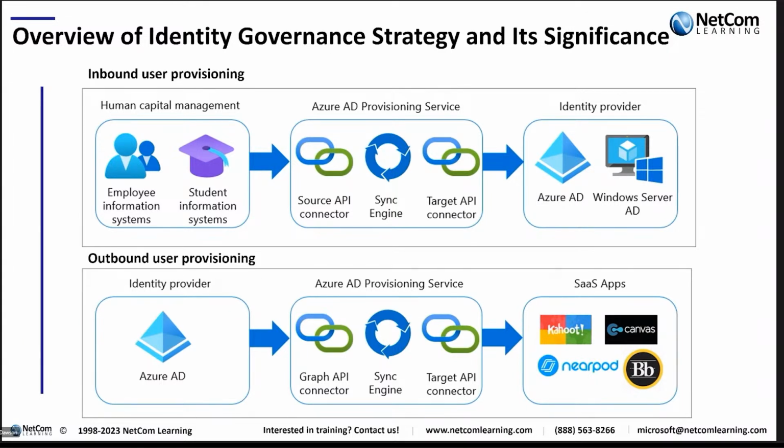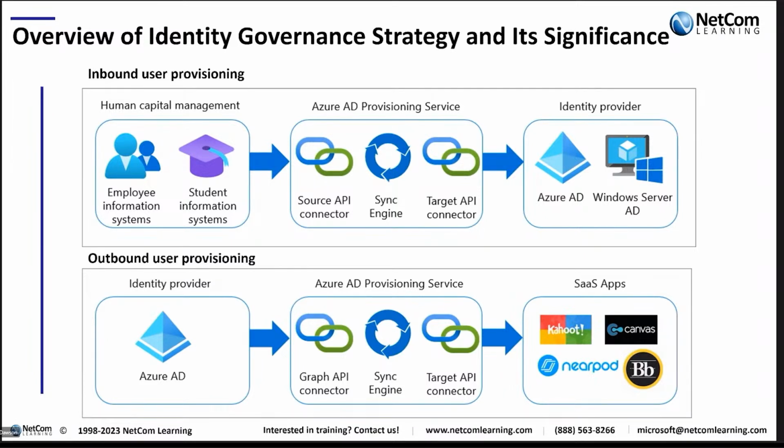The next one is outbound user provisioning. So what happens if I have users in my organization that need to go somewhere else, right? So they need to get from my Azure AD and they need to get to Canvas or some other educational system that's available online, and being able to have single sign-on to that as well.